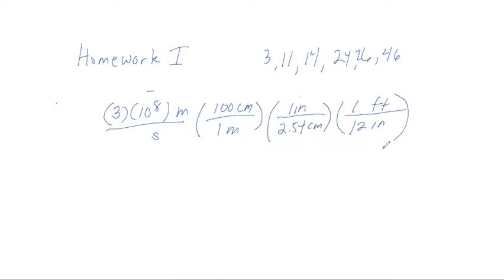Okay, so the speed of light in feet per second would be 9.8 times 10 to the 8th feet per second. I got to do nanoseconds, so let me go ahead and do that.